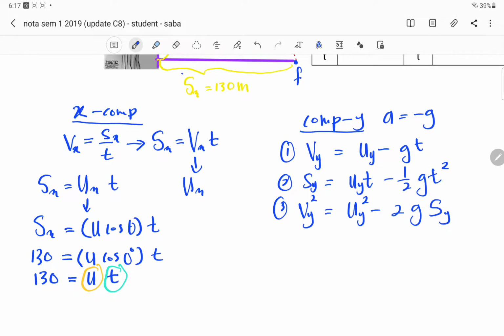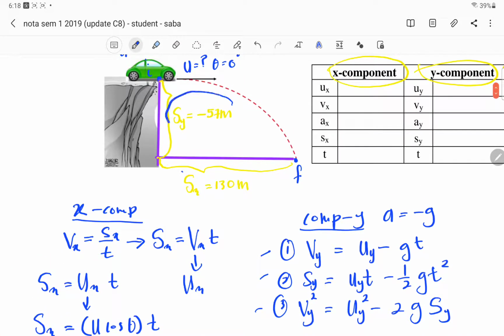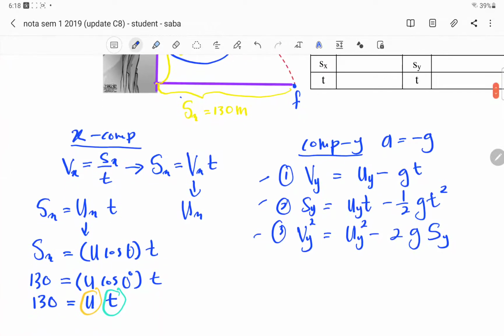Now, untuk dapatkan U kita tiada T. So, kita nak guna yang mana satu? Number 1, number 2 or number 3? Kita tengok apa yang kita nak cari dan apa yang kita ada. Dalam soalan ni kita ada SY. So sudah tentu kita terfikir nak guna apa yang kita ada. Kita nak cari T kan?